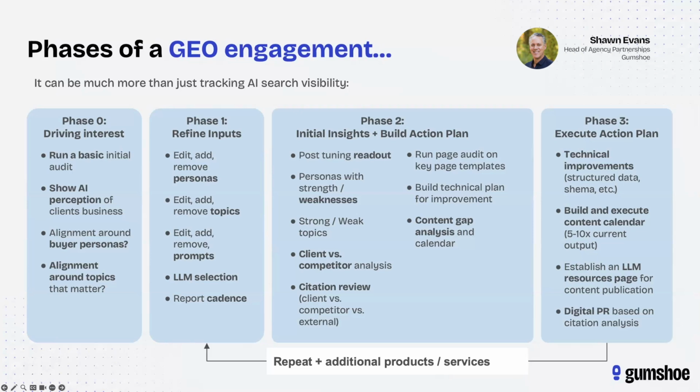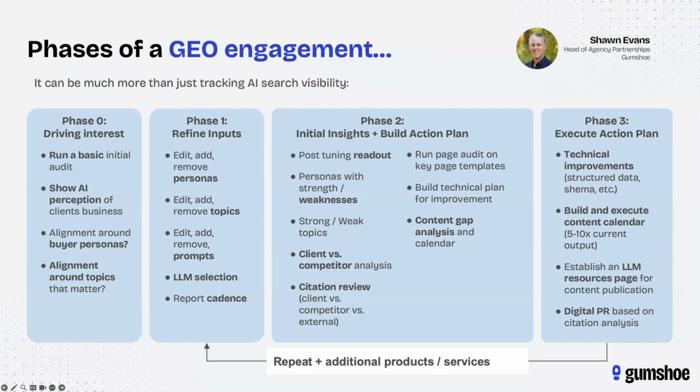And then moving into phase two is really building out the plan. So you want to make sure, as you're taking action, whether it's looking at the technical setup of the website and the schemas, or looking at the content on the website: Is it crawlable? Is it readable? Is it addressing the right topics that your personas are really looking for, and that the AI models are using to get the answers?